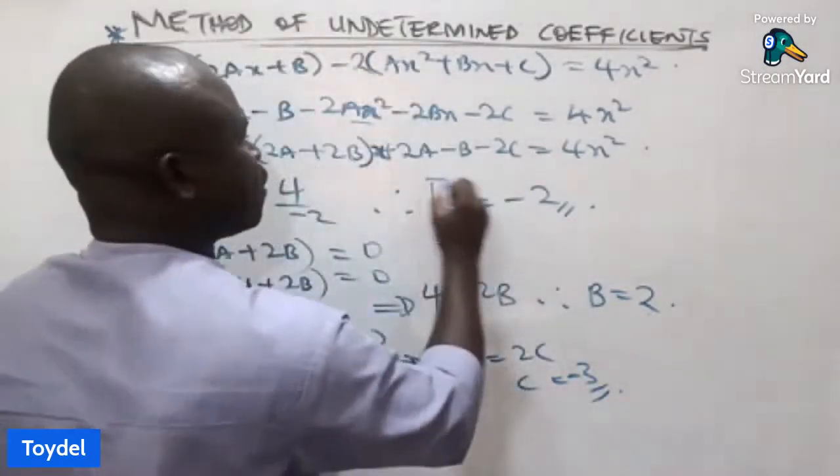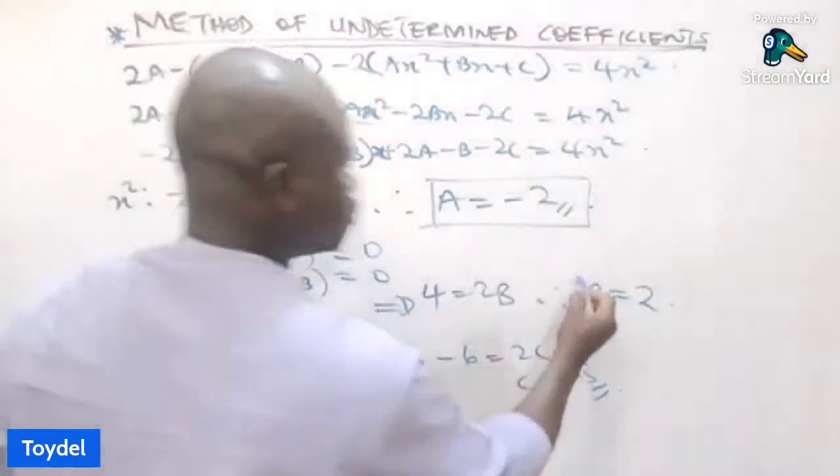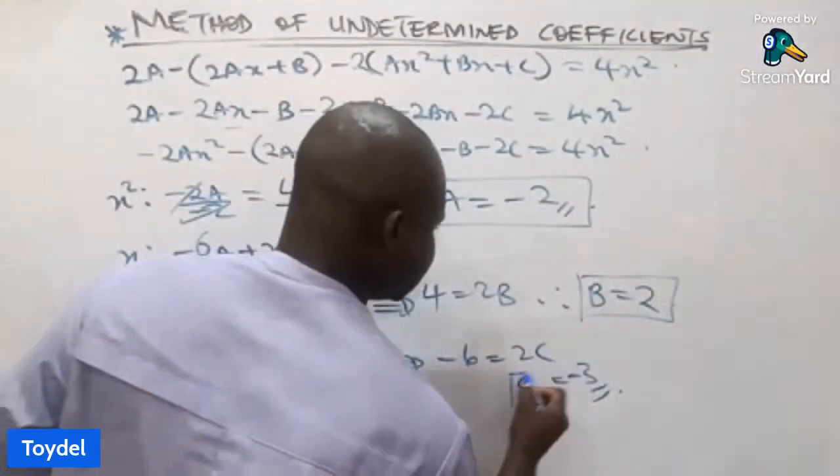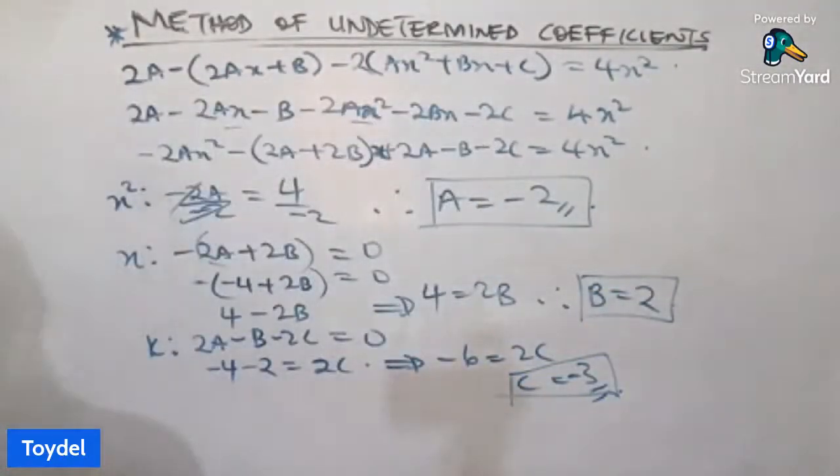So we have gotten the value of a to be equal to minus 2, b to be equal to 2, then c to be equal to minus 3. So we have gotten the three values, a, b, and c. Since we have gotten the values, how do we now find the particular solution?